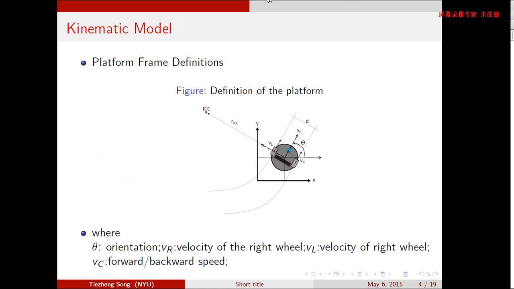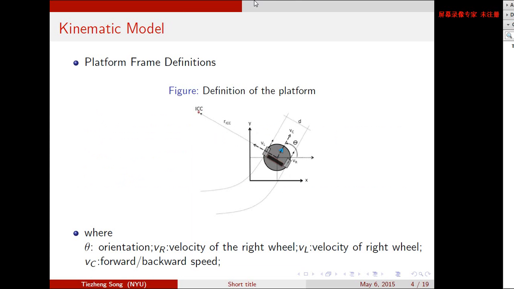So this is a kinematic model of this robot. In this case, there are two control inputs, which are the acceleration on the left wheel and the right wheel.